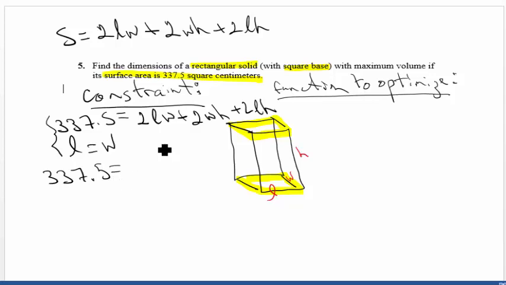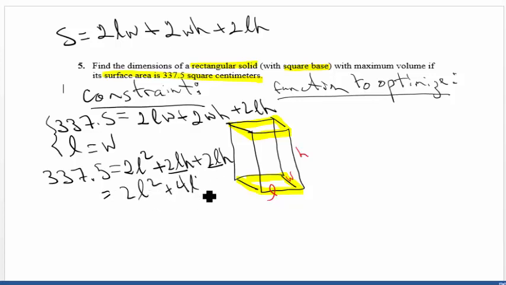337.5 equals, that W is now an L, so it's 2L squared. This W is now an L, so this is 2LH, and then this is still 2LH. So these two 2LHs are like terms, so they'll become 4LH. So we'll really have 2L squared plus 4LH.